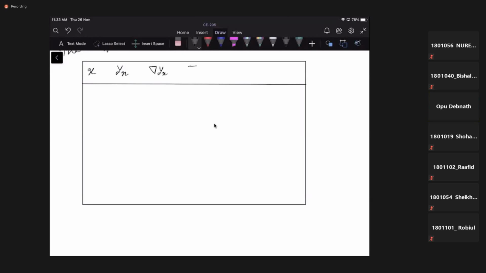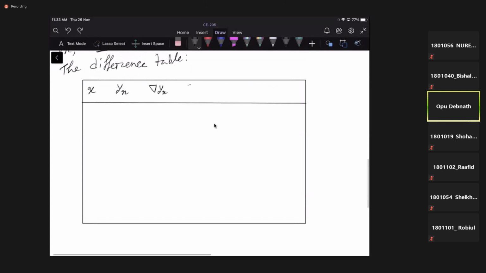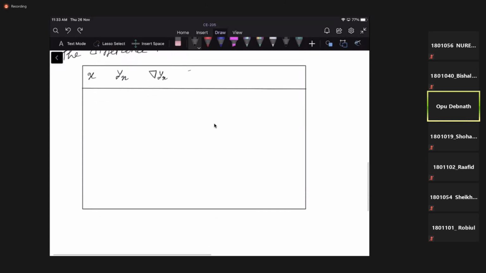Will the function of y come the same in both methods? Yes, I think it should be the same, or sometimes there may be a difference. It actually depends on your data.